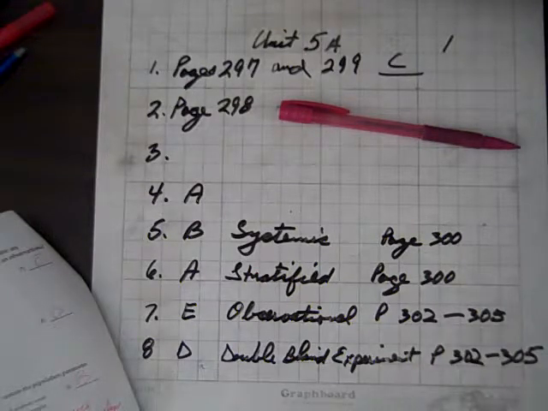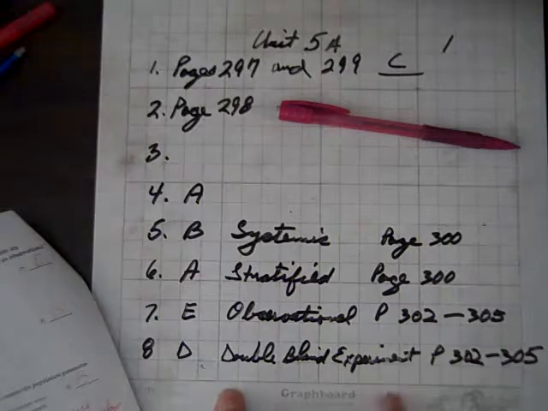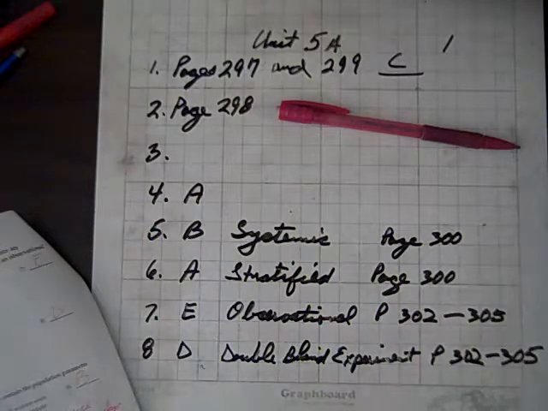Single blind, the person receiving doesn't know whether they're getting the real thing or a placebo. A double blind, neither the person giving nor the person receiving knows whether the pill they've received is a placebo or the medication.